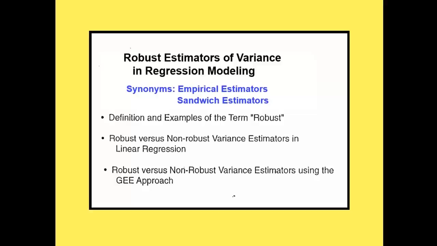You do this on the first line: you say proc genmod, something about the data set, and then model-based. You don't say empirical, because empirical is already the default. So if you want to see the model-based in GENMOD, you have to tell it that. You have to tell GLIMMIX and Mixed to use the empirical, but you automatically get the model-based. So anyhow, let's now look at this.